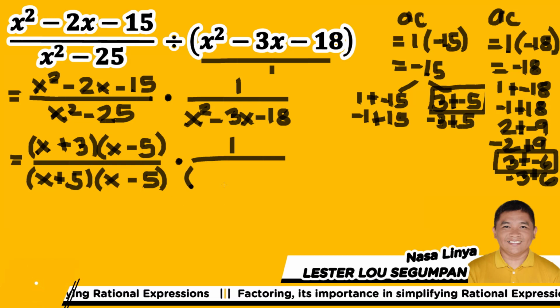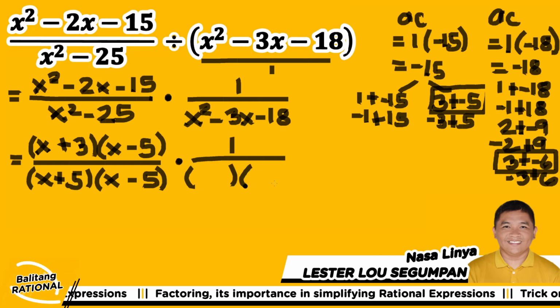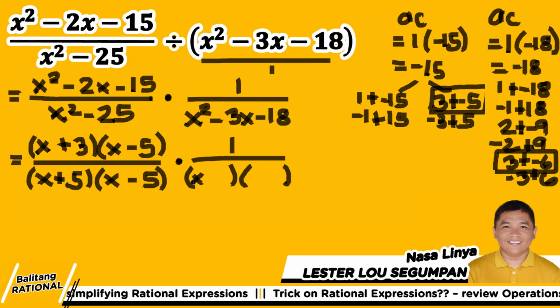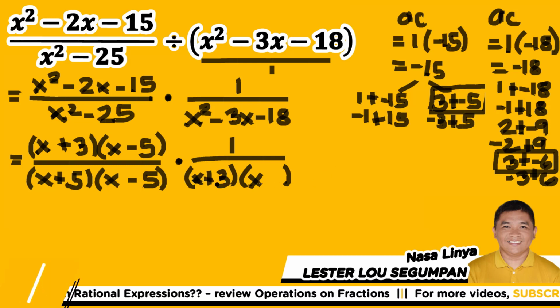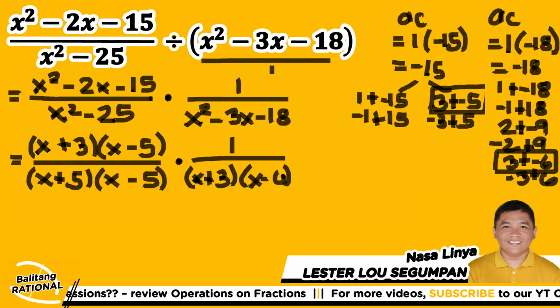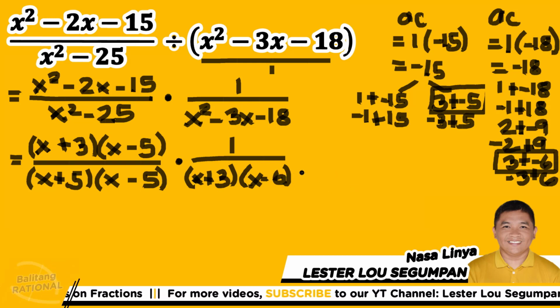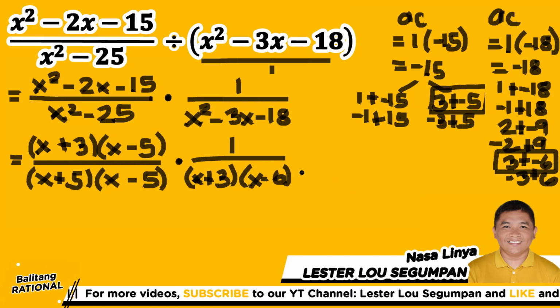And these are now the coefficients to be paired with the square root of the first term x squared. So you will have here x and x here as well. And you simply place the coefficients plus 3 and minus 6. So these are now the process, and kakatapos lang po nating mag-factor ng ating mga expressions.